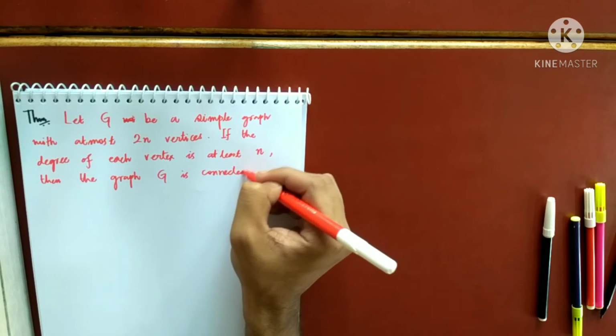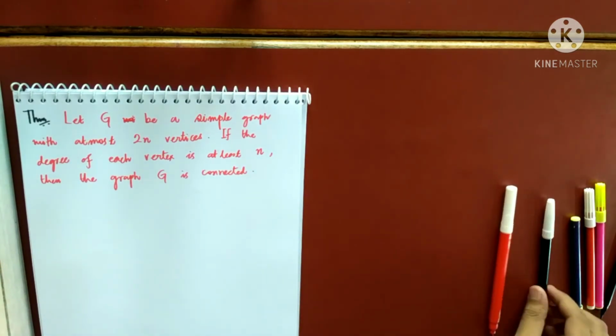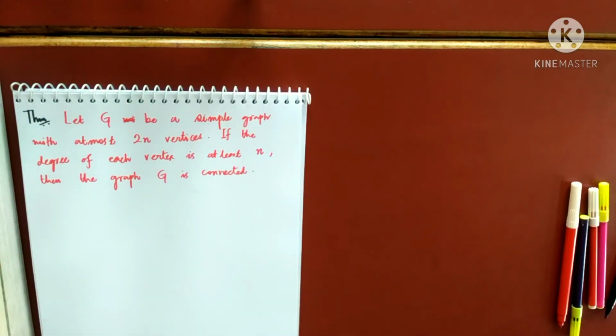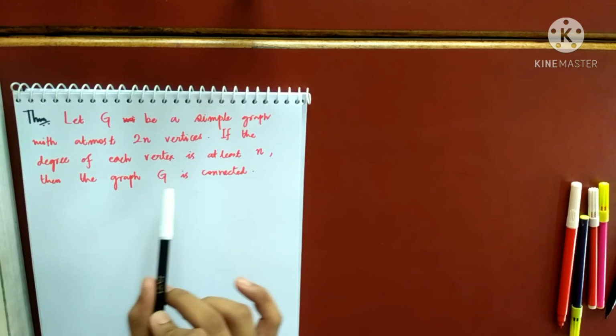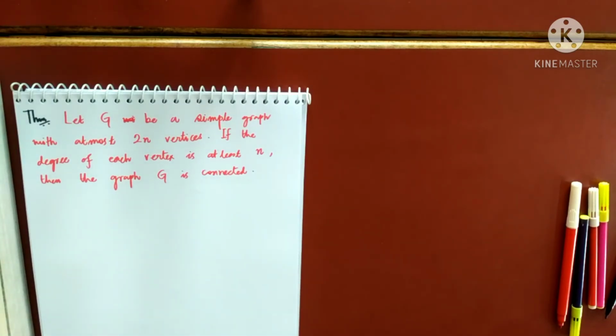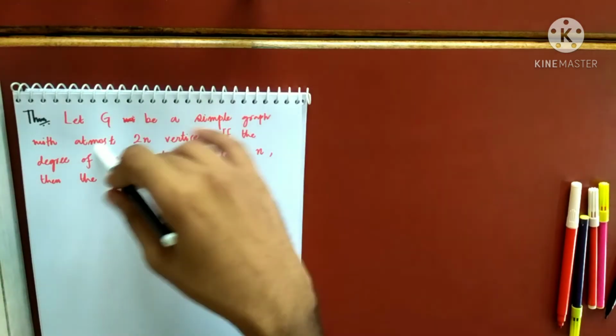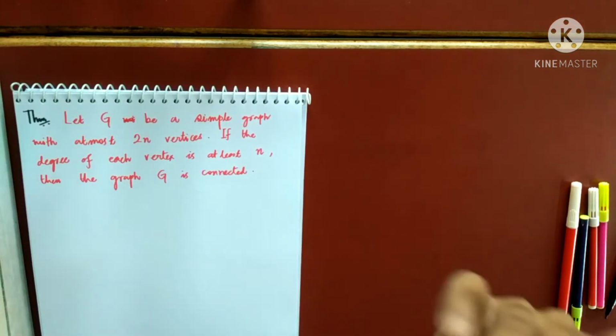So this is a sufficient condition to be a connected graph. That means if this condition is satisfied, then my graph will be connected. What was the previous theorem? That was a necessary condition to be connected. If my graph is connected, then this must happen. And this says that if this is happening, then my graph will be connected.